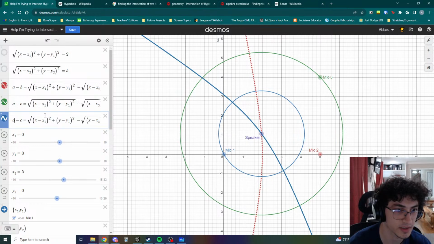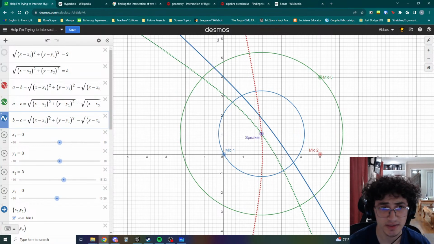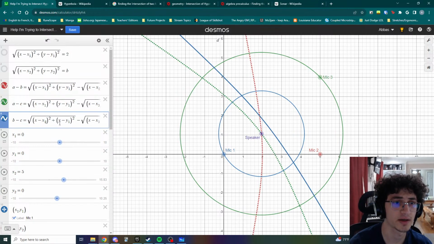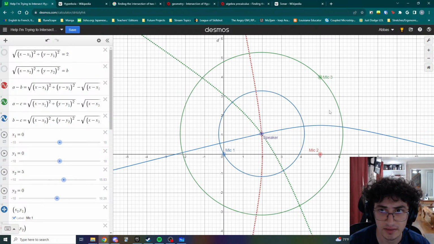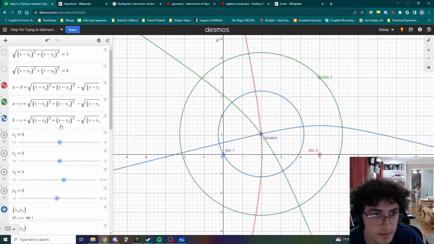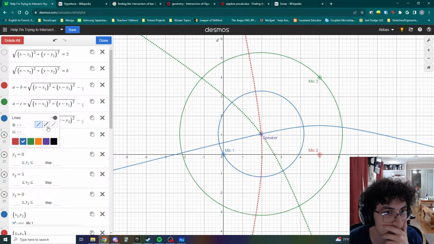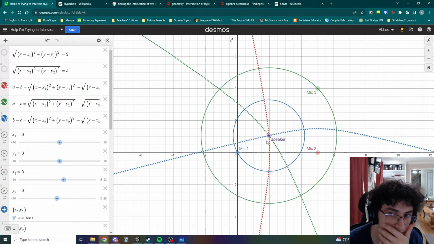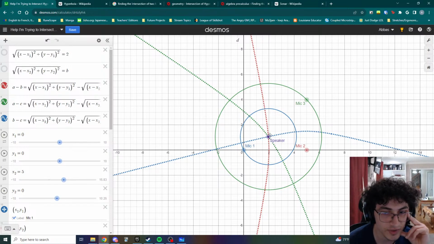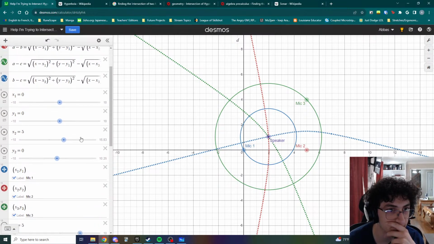So here we're going to look at B minus C. And we're going to have x² minus y², compare that to x. Yeah, there we are. Look at that. Okay, so by necessity, the solution of these two hyperbolas has to be the same as the solution between these two hyperbolas. Okay.